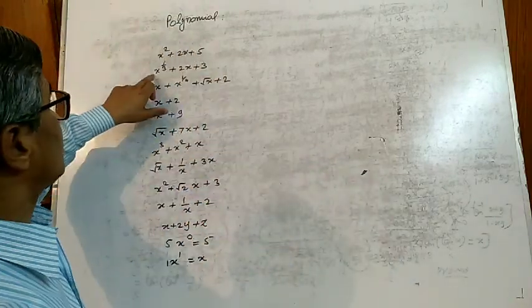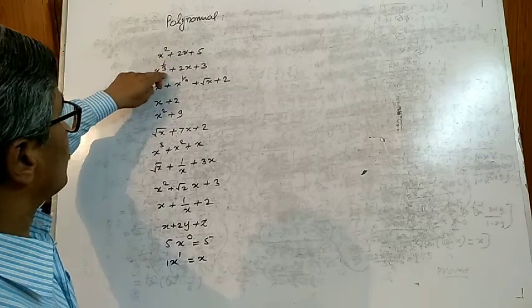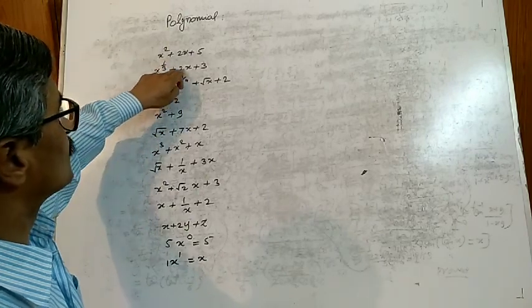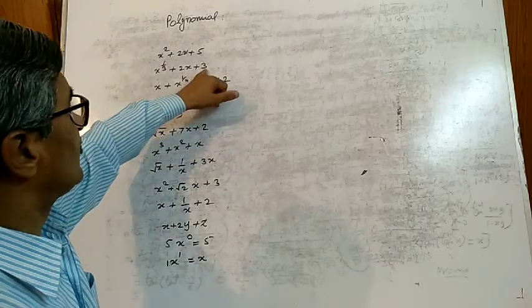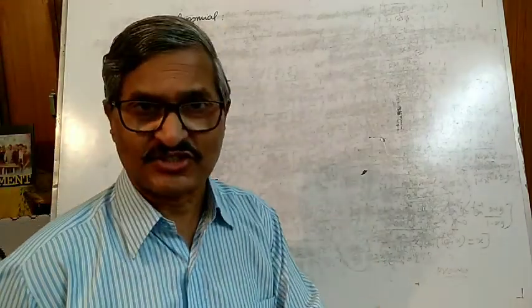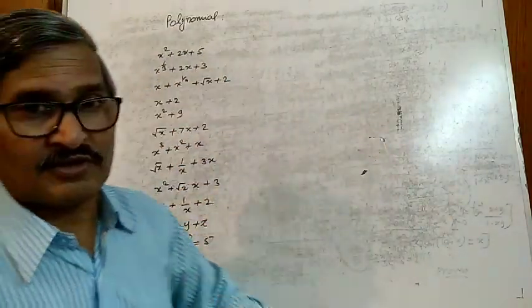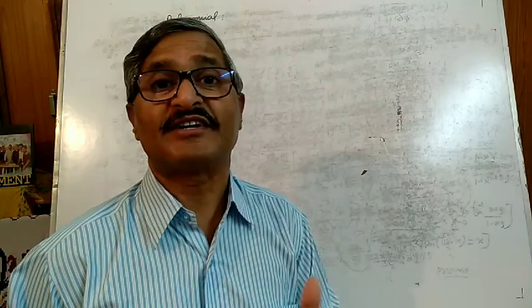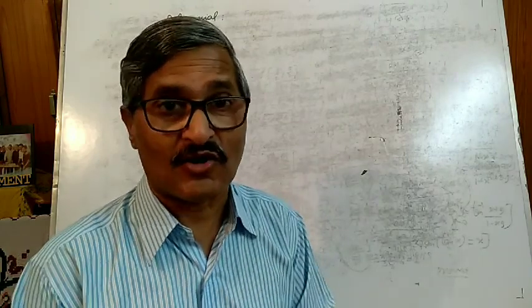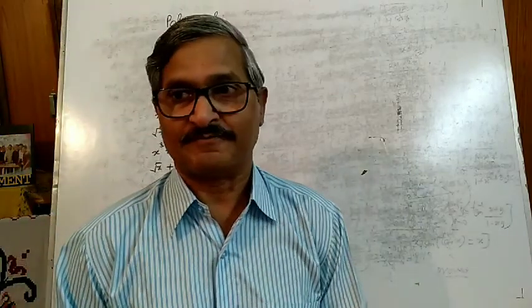Here coefficient is 1 and exponent is 1 by 3. Here coefficient is 2 and exponent is 1. Here coefficient is 3 and exponent of the x is 0. Now you could know what is coefficient and what is the exponent of the variable involved in individual terms of the algebraic expression.